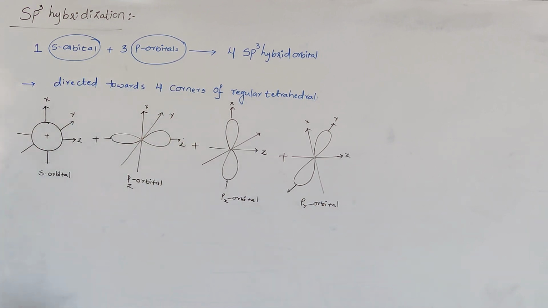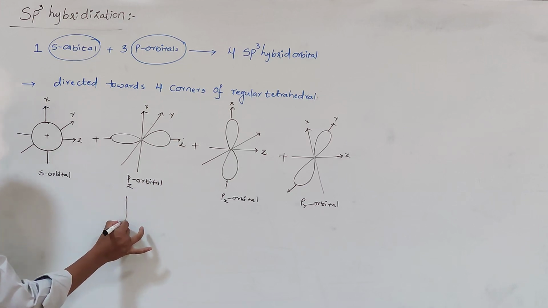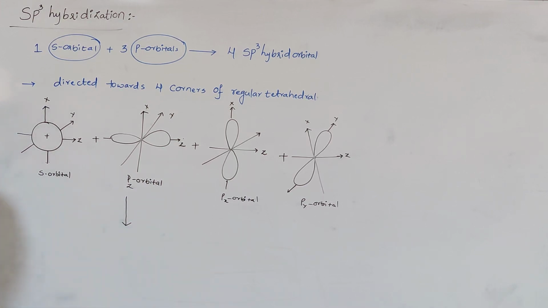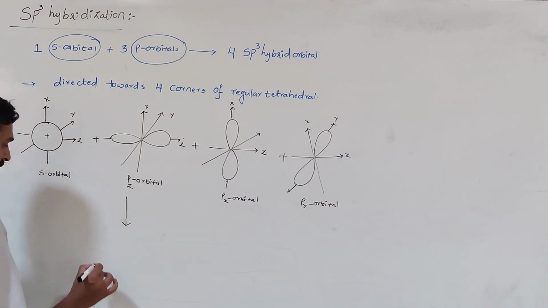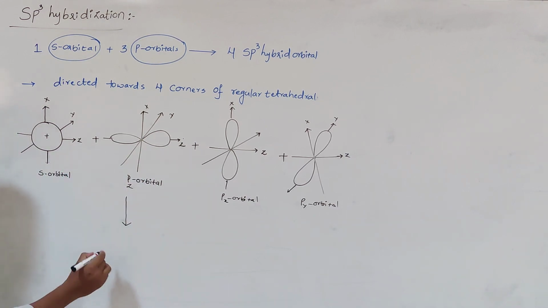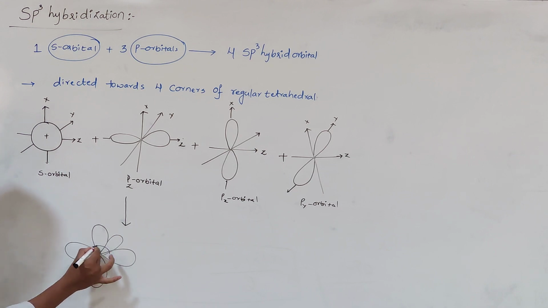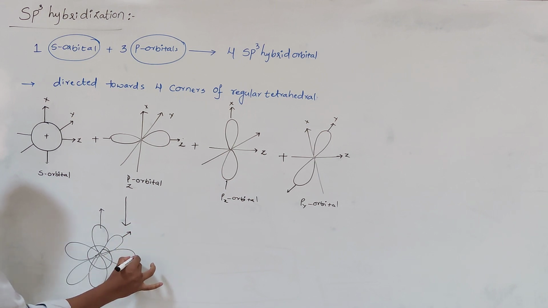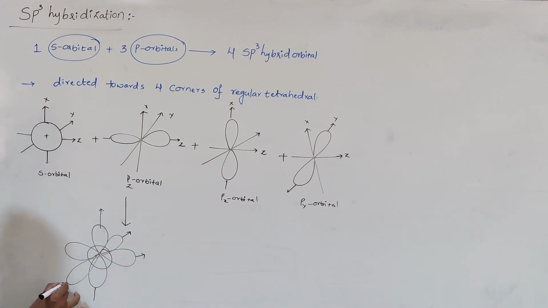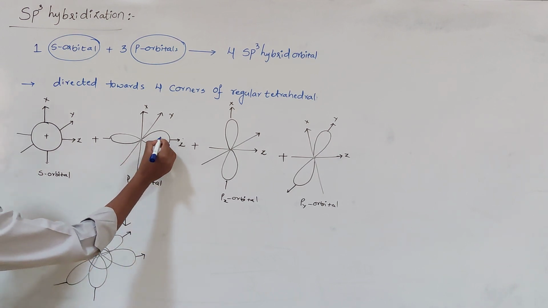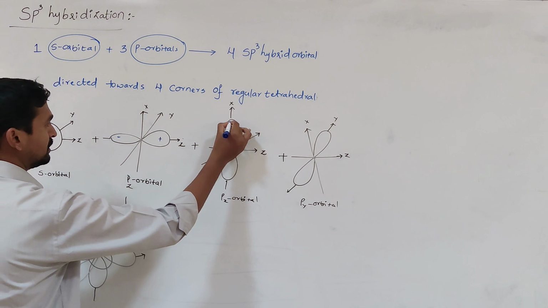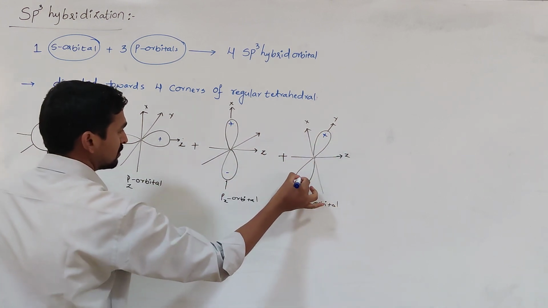They are hybridized together to form 4 sp3 hybrid orbitals. So these 3 p orbitals plus 1 s orbital hybridize like this: 1, 2, 3, 4. Say for example, these are positive and negative lobes.